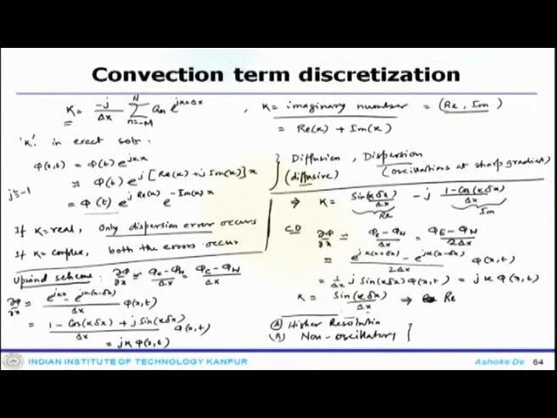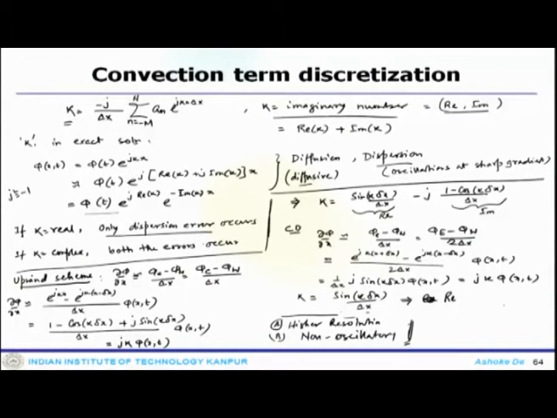That will lead to a different class of resolution scheme, and we will discuss that in the follow up lectures, where you can see how we can devise higher order resolution schemes while preserving the property of non-oscillation, so that whenever you get a sharp gradient, the wriggles should not appear in the solution.